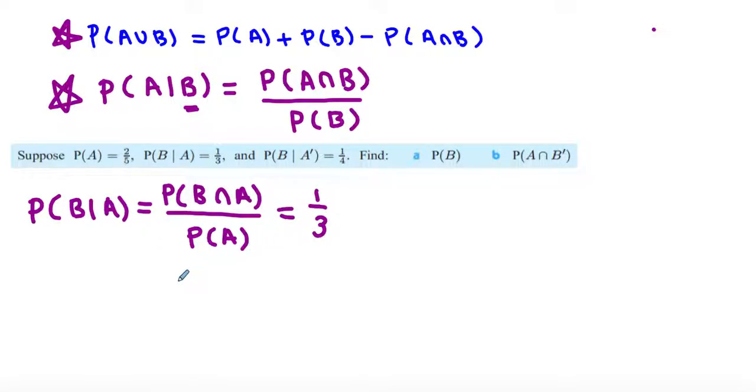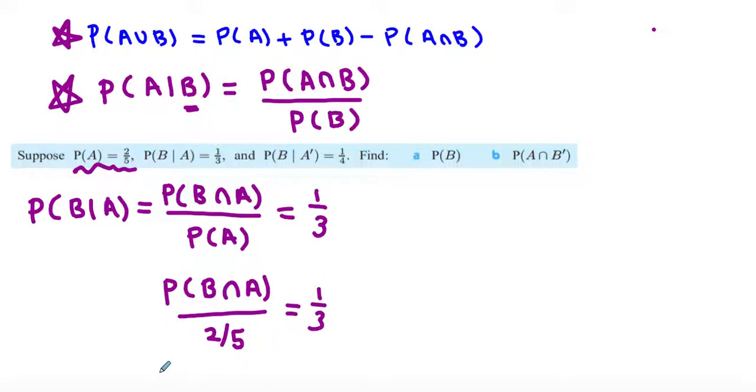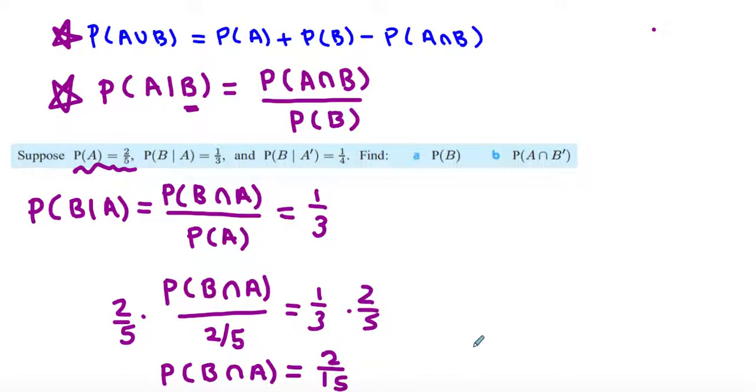Therefore, if I simply plug in what I know from probability of A being 2 out of 5, I have probability of B and A divided by 2 out of 5 is equal to 1 out of 3. Therefore, probability of B and A is equal to, you need to multiply by 2 out of 5 on both sides to cancel it out. So that would make it 2 out of 15.